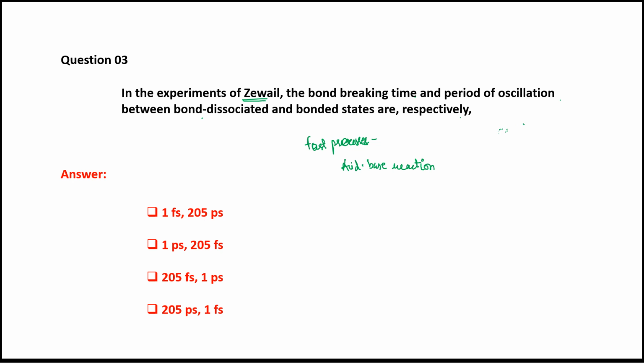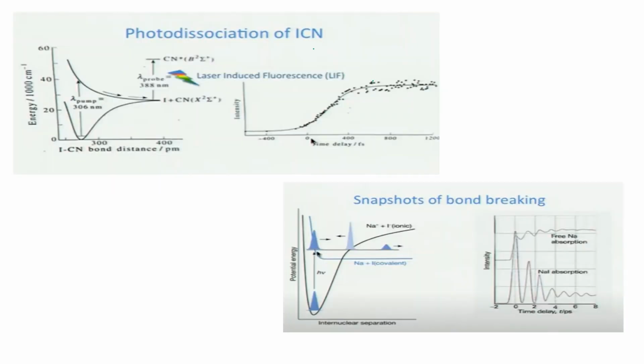First we'll talk about this bond breaking time. What did they do and what happened in the experiment? They took the molecule ICN for studying this dissociation. Initially this ICN absorbs somewhere in the range of, say, 280 or 250 nanometer.